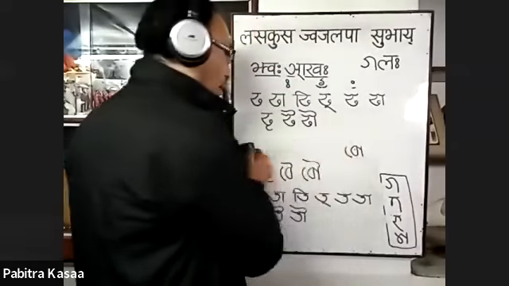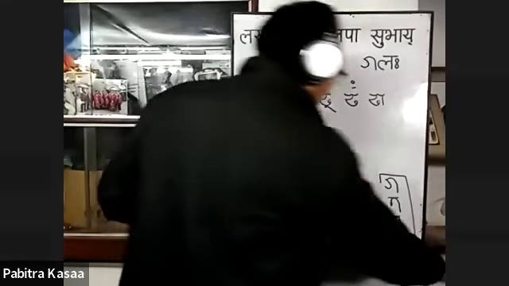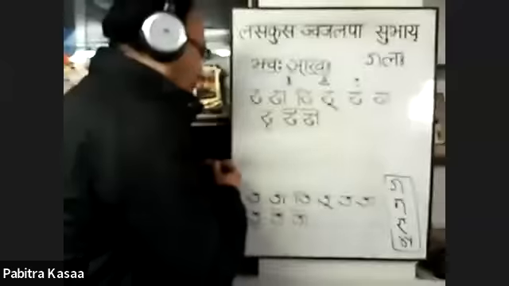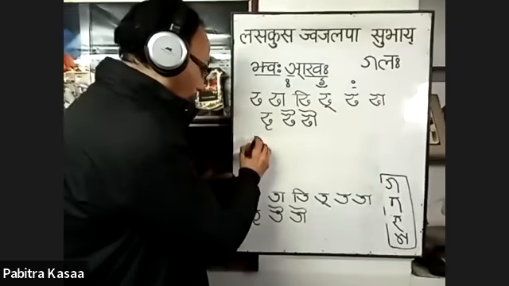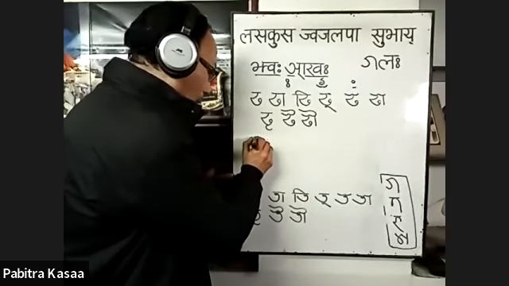And the last letter is ra. Ra is the momadugo aka.